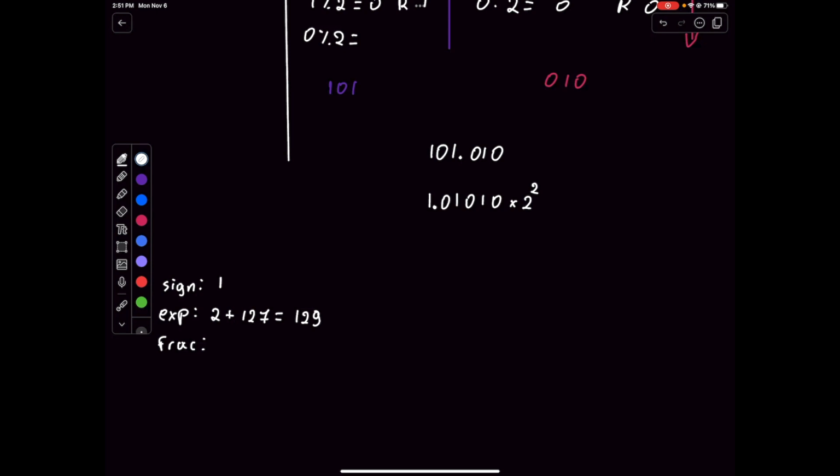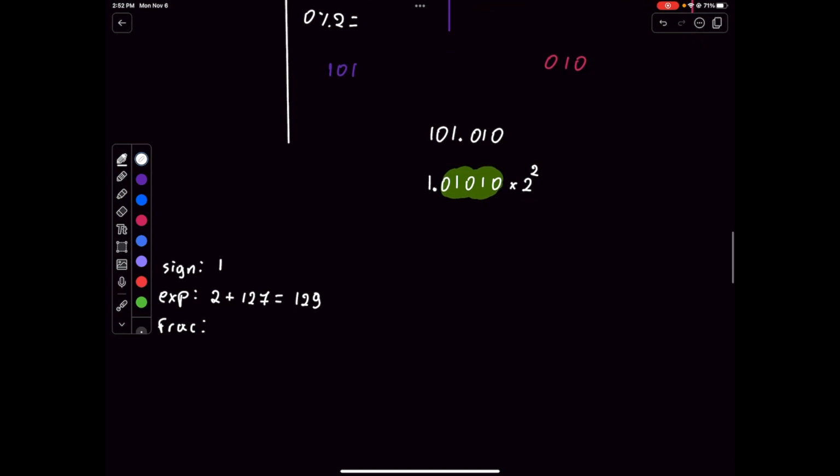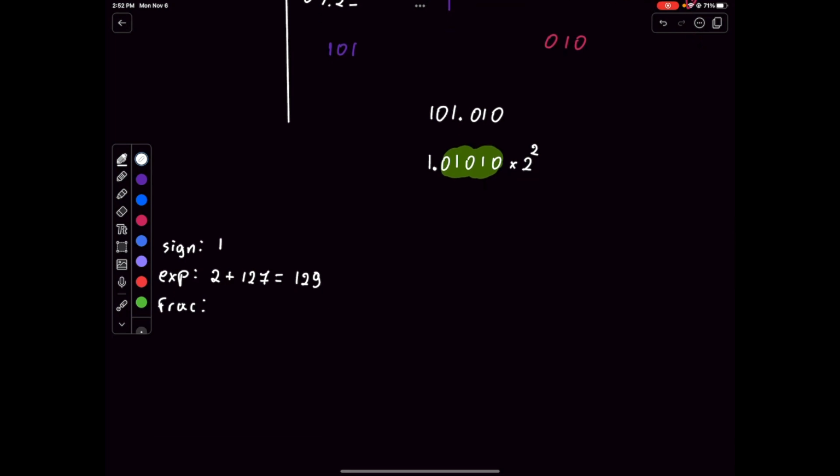The fractional point is going to be this portion right here. All of this. We are going to exclude the 1 in front of it because it is implied that it's already there. It is an implicit value for our normalized floating point representation. 0, 0, 1, 0, 1, and 0.